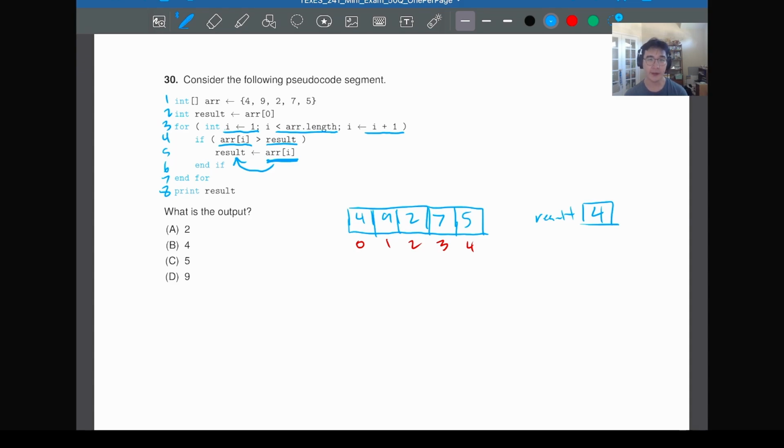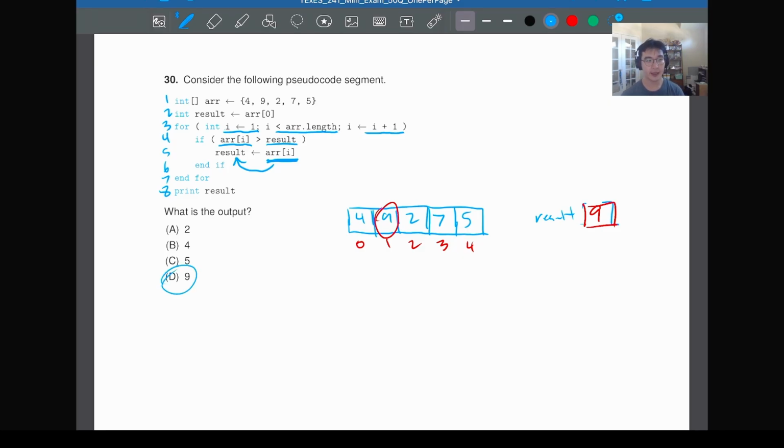So by the end of this for loop, result should store the largest value in the array. And then at line 8, we want to print whatever's in result, which once again should be the largest value that is in the array. So, looking through this array with my eyes, I see that the largest value should be this value of 9 right there. So that should be answer choice D.